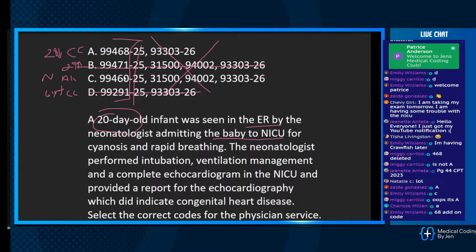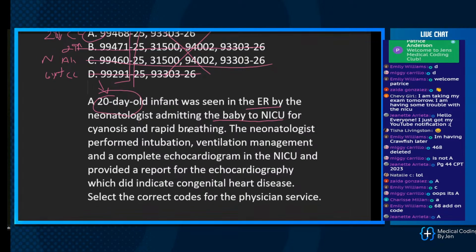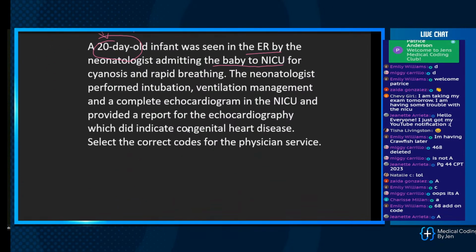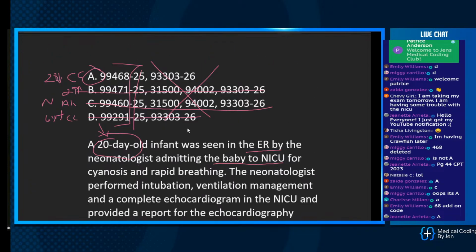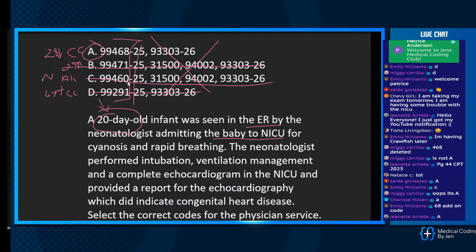So the only place this really fits in is just by age. That's all we needed to pick out our correct answer, which is A. We don't have to worry about any of that other stuff and looking up all those other codes. Because if your first code is different in every single answer, all you got to worry about is that first answer.